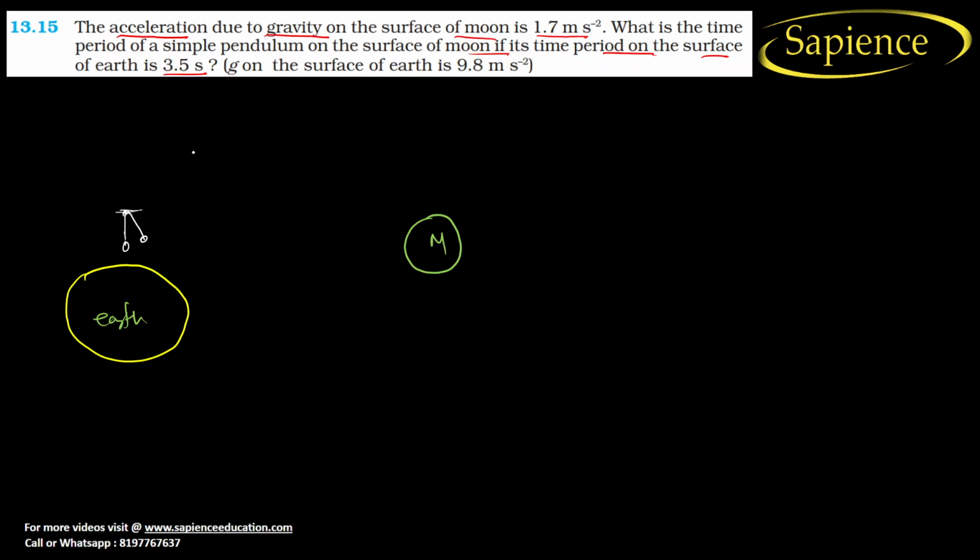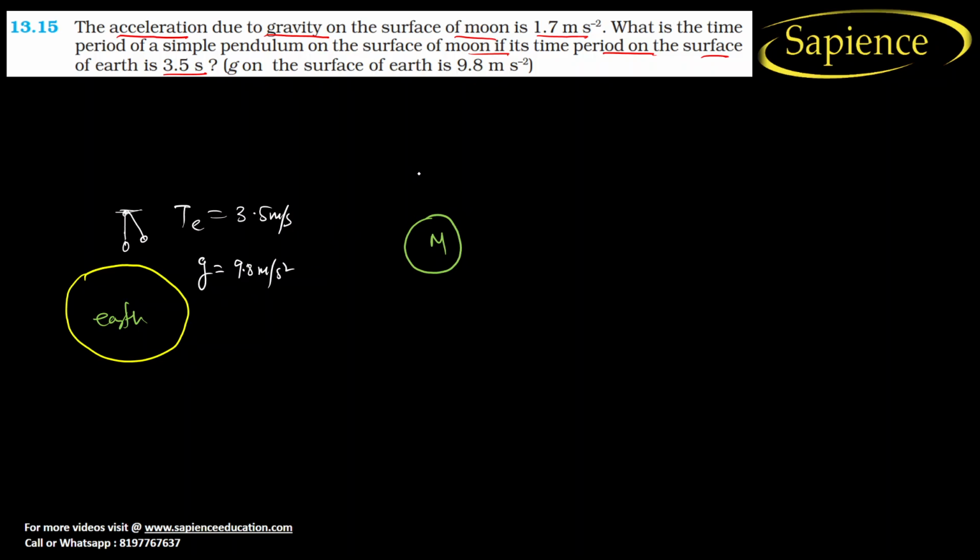So the time period on the earth for the pendulum is 3.5 seconds, and the acceleration due to gravity on the earth is 9.8 meter per second square.